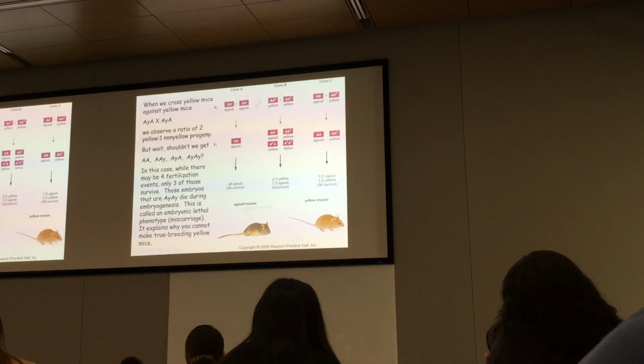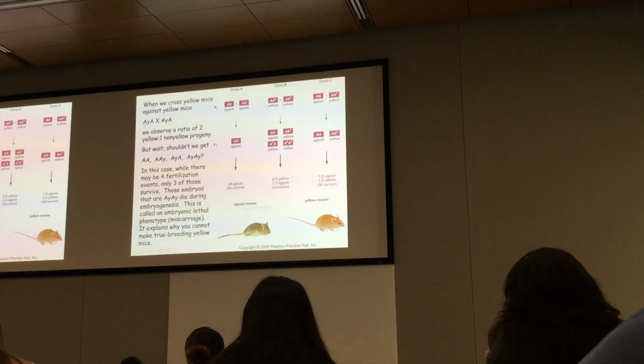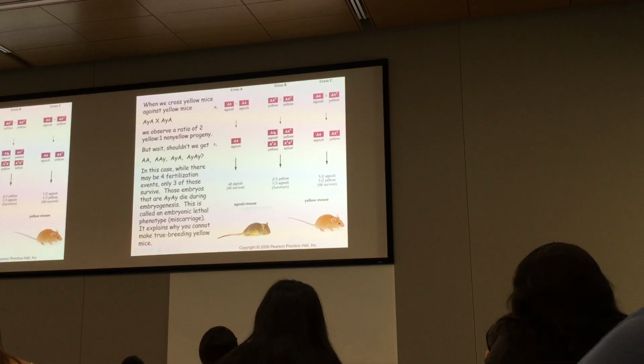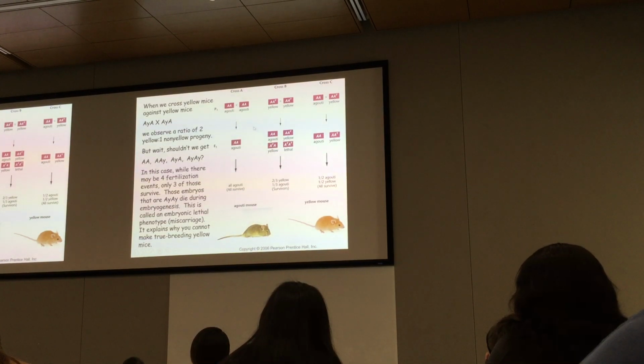Here we have true breeding agouti versus agouti. You'll always get agouti. Here we have the cross that I just set up over here. We get 4 different genotypes produced initially. One of them is lethal, the other 3 make it.